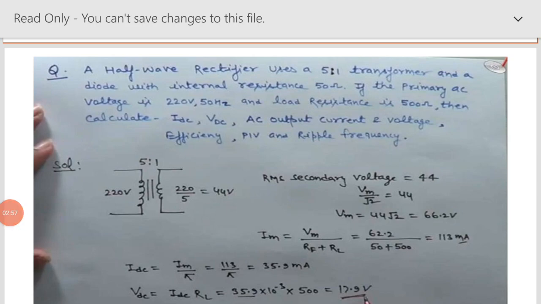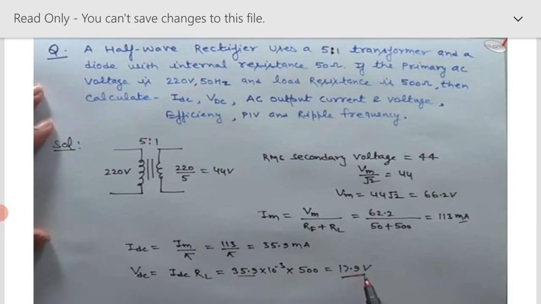As shown in the slide, firstly, we see the first example. I will read the first example. A half wave rectifier uses a 5:1 transformer and a diode with internal resistance of 50 ohm.